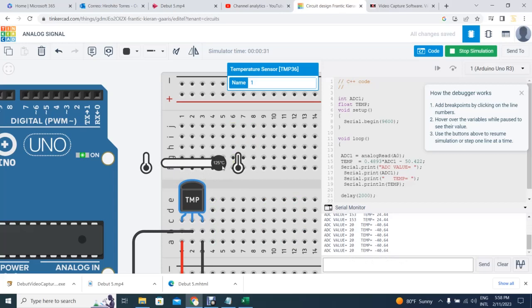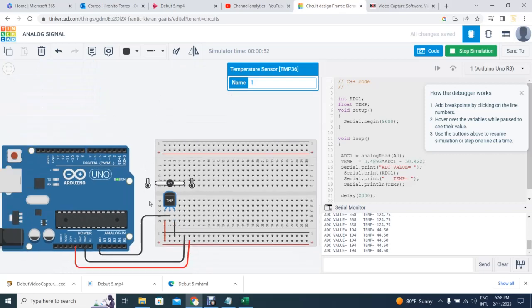Now how about the 125? 125, perfect. It's 124.75, and again the 358, which was part of the calibration. So what we have done through this process is to recover back the signal or the unit that this sensor is measuring, in centigrade. That's as simple as it can be.